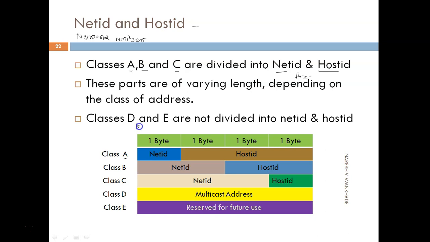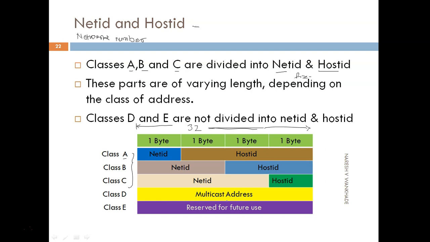Here in this diagram you can see this is the complete IP address. This complete IP address is divided into net ID and host ID. The length of an IPv4 address is 32 bits, means 4 bytes. And as far as the classes are concerned, classes A, B and C are divided into net ID and the host ID, and class D and E are not.